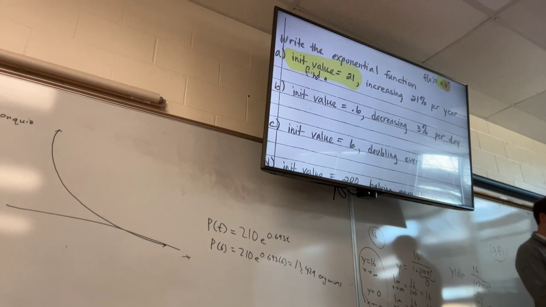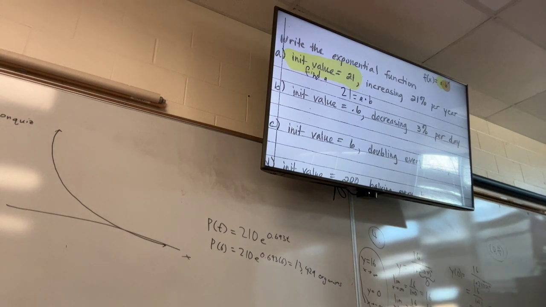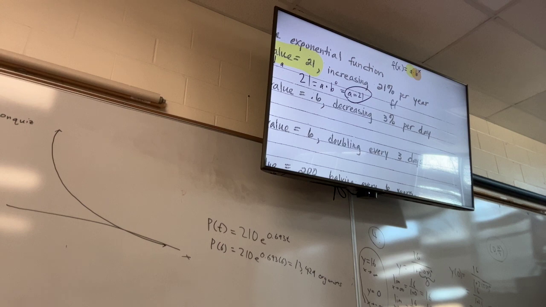I'm going to plug in 21 for f of x, and that's equal to a times b to the what? It's my initial value. What's x equal to? 0. Yeah. So then a times b to the 0 is just a. So we have a equals 21. Right. So let's plug that in: f of x equals 21 times b to the x.